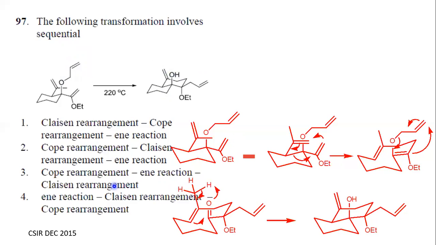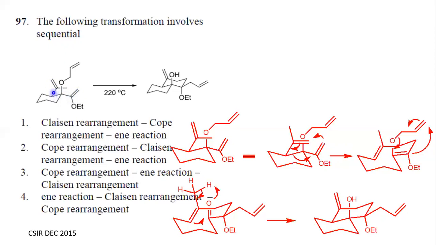So looking at the substrate, first we find the 1,5-diene system. We need to search whether these two double bonds will become a 1,5-diene system. Then we will think of doing a 3,3 sigmatropic rearrangement reaction. Now if you start coming from here, 1, 2, 3, 4, 5, 6.